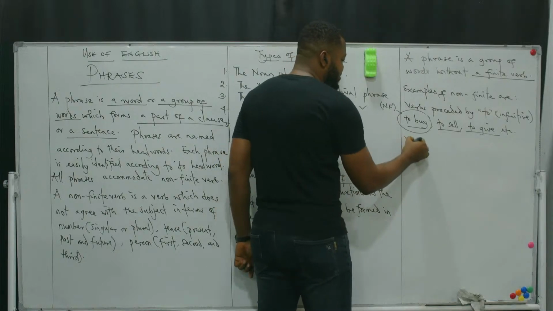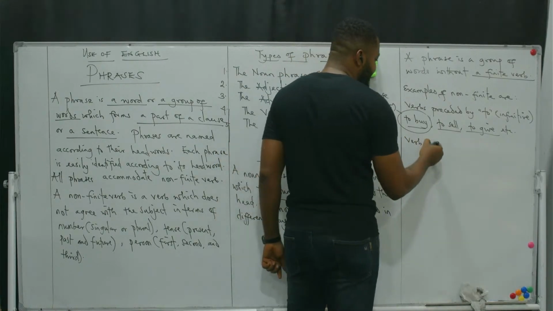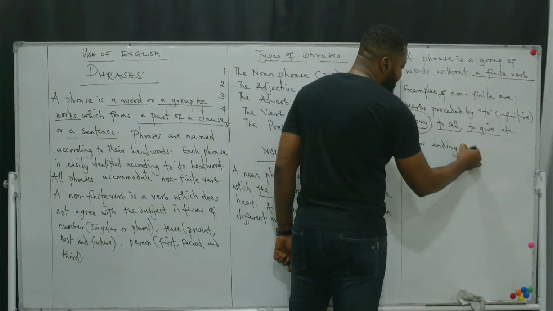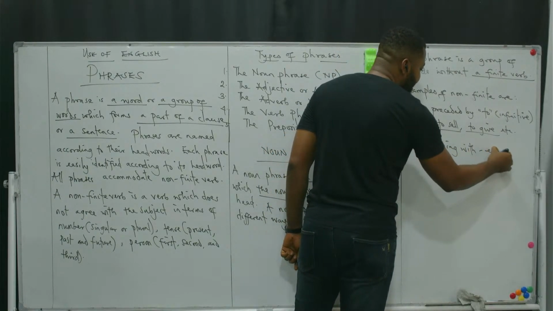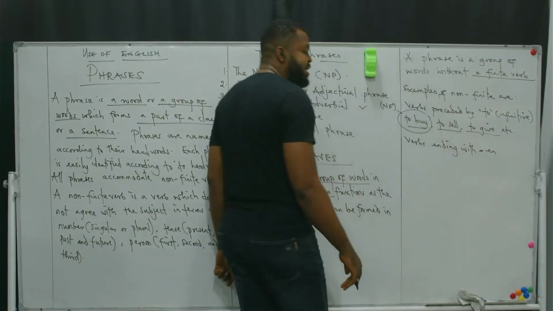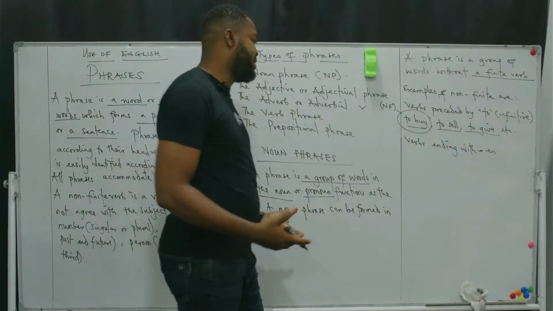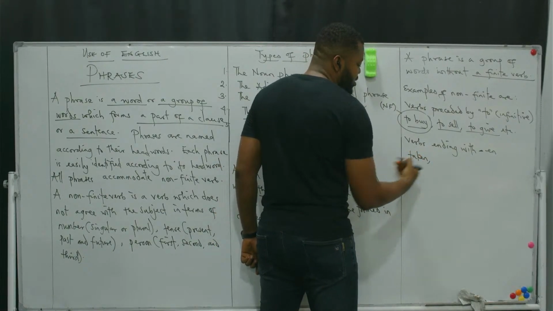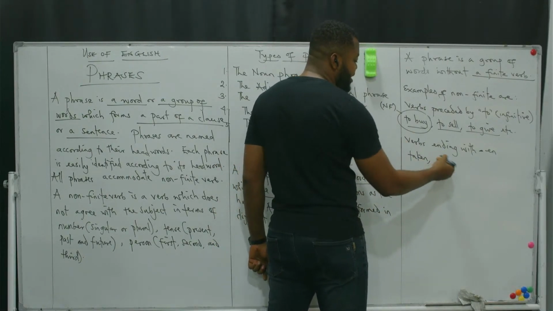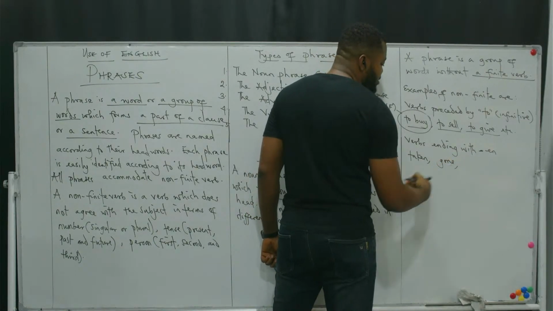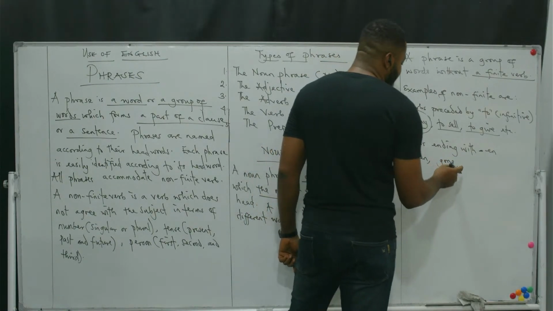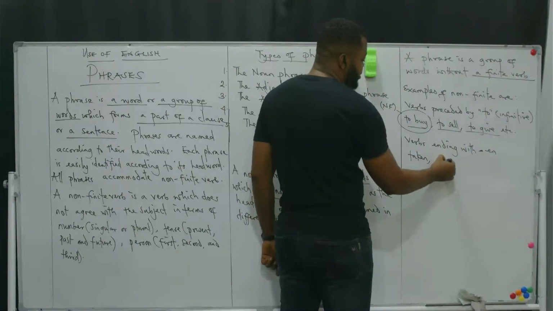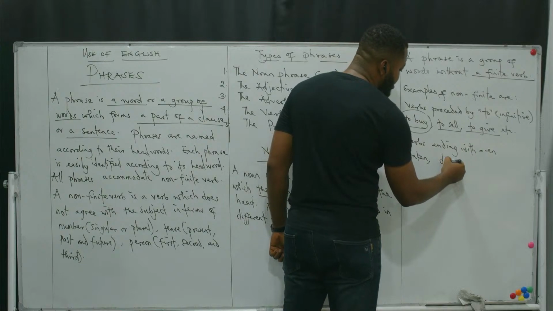Then verbs ending with en. Most verbs that end with en are non-finite. Do you understand? For example, taking, given, drink, drank, drunk.